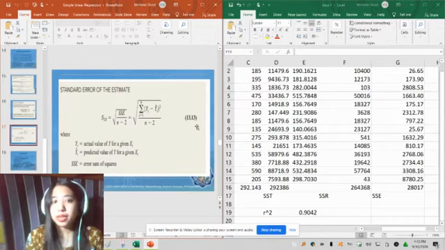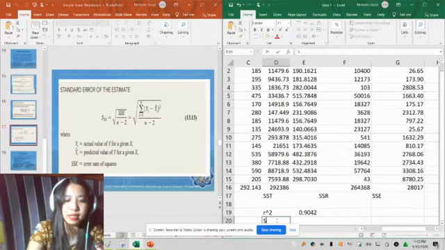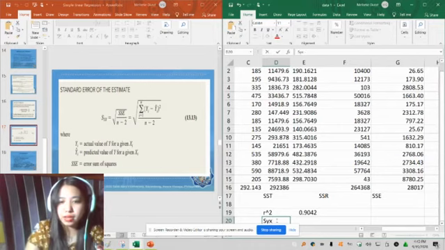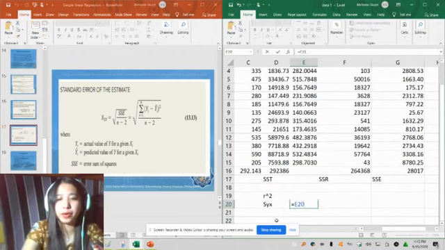And then since we already have our computation for SSE, all we need to do to compute for the S sub yx is just to get now the value by substituting it in our formula.